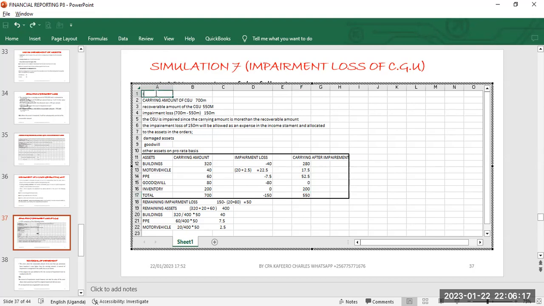This one you can say impairment of a cash generating unit, that is CGU.